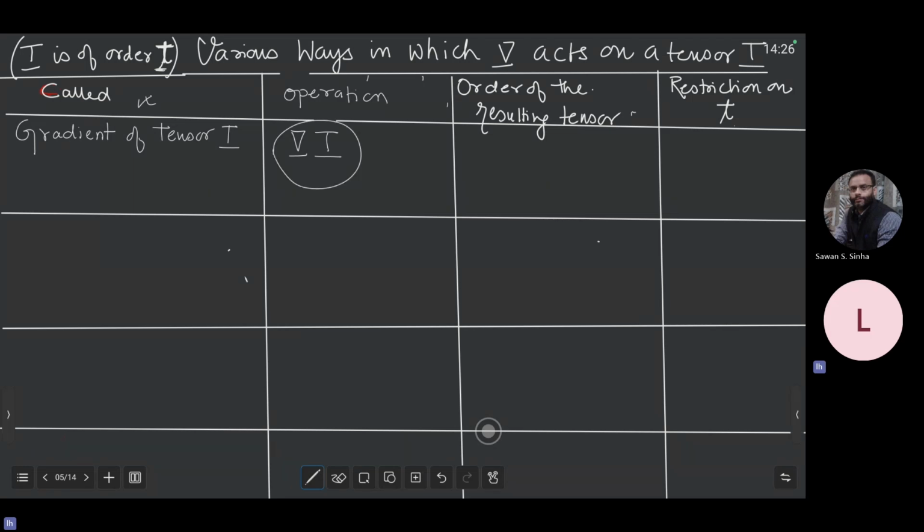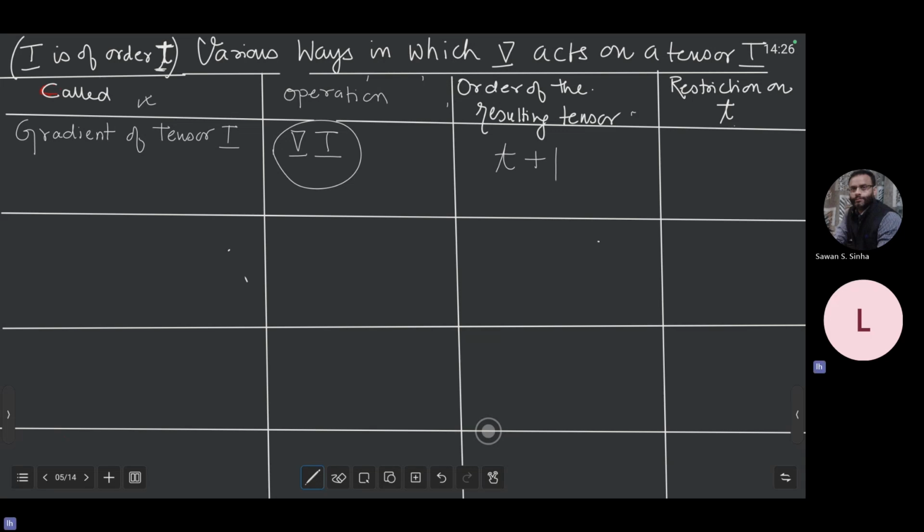What will be the order of the resulting tensor? Any guess? I know I haven't explained it fully, but some of you may guess. If the order of tensor T is small t, what do you expect gradient will do to that? Same? No, that's not correct. We'll increase it by 1.